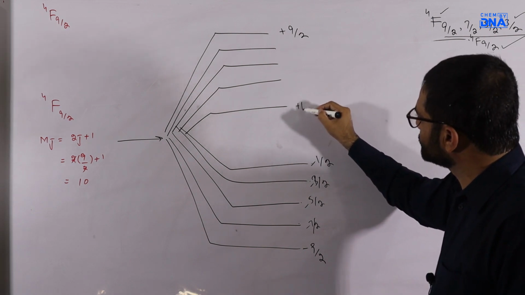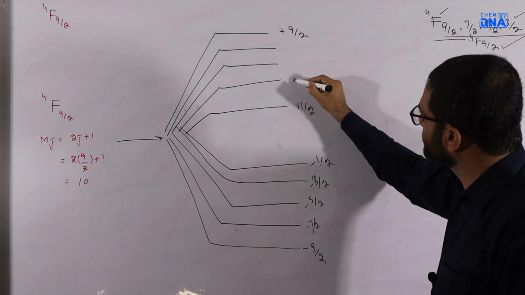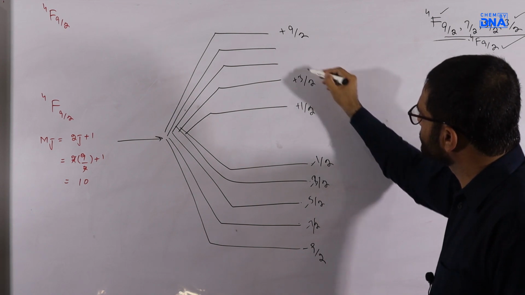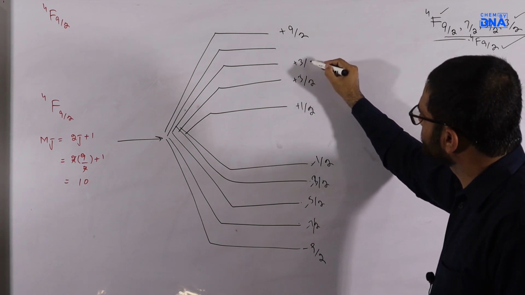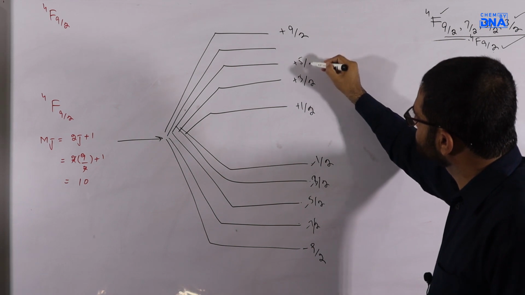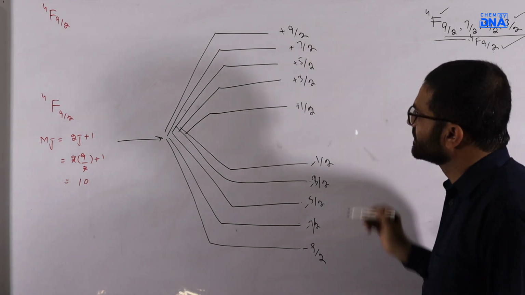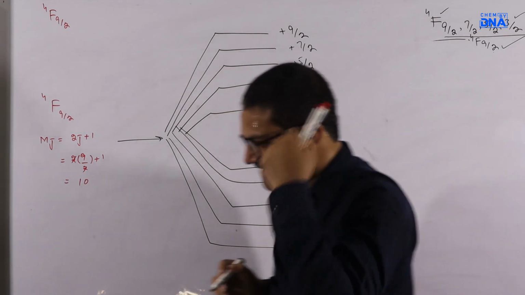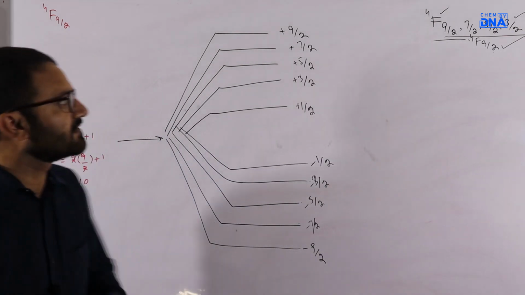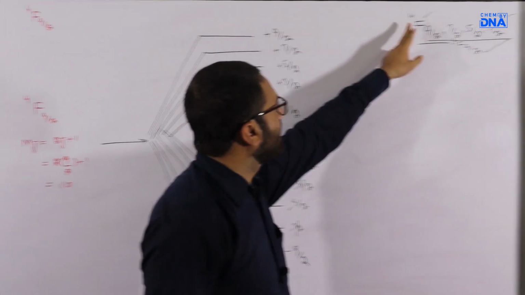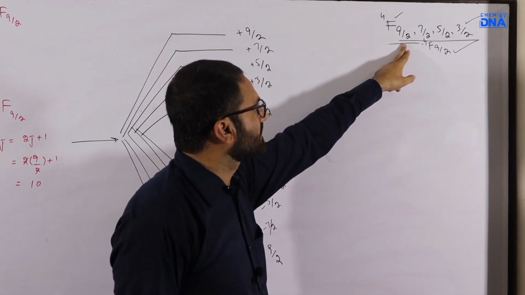In a similar fashion, you will get plus 1 by 2, plus 3 by 2, plus 5 by 2, and plus 7 by 2. This was the splitting energy pattern in case of F quartet 9 by 2.